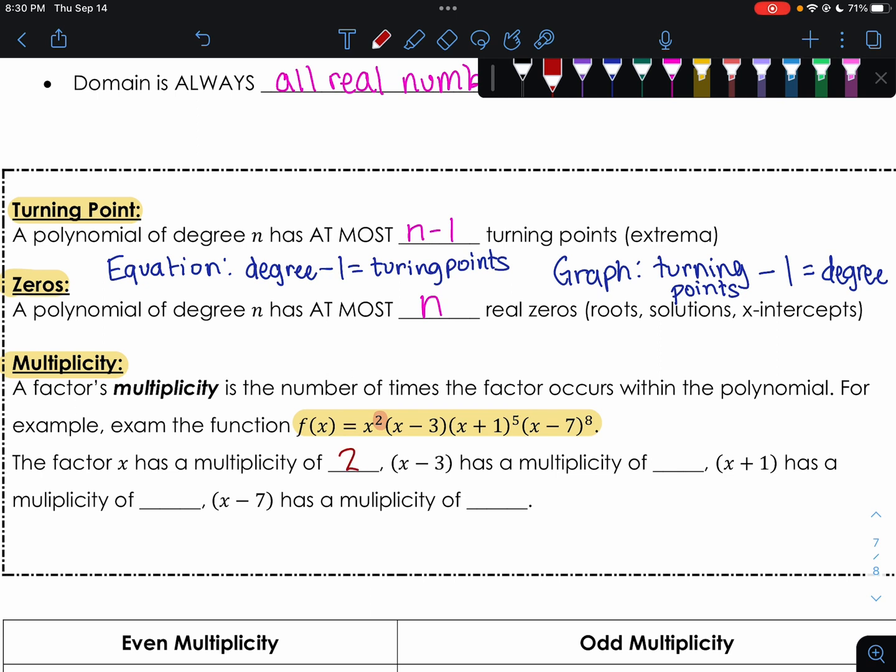That means its multiplicity is 2. The x minus 3 has an exponent of 1, which means that its multiplicity is 1. X plus 1 has an exponent of 5, which means that its multiplicity is 5. X minus 7 has a multiplicity of what? Well, its exponent is 8, so it's 8. So that's how you identify multiplicities.